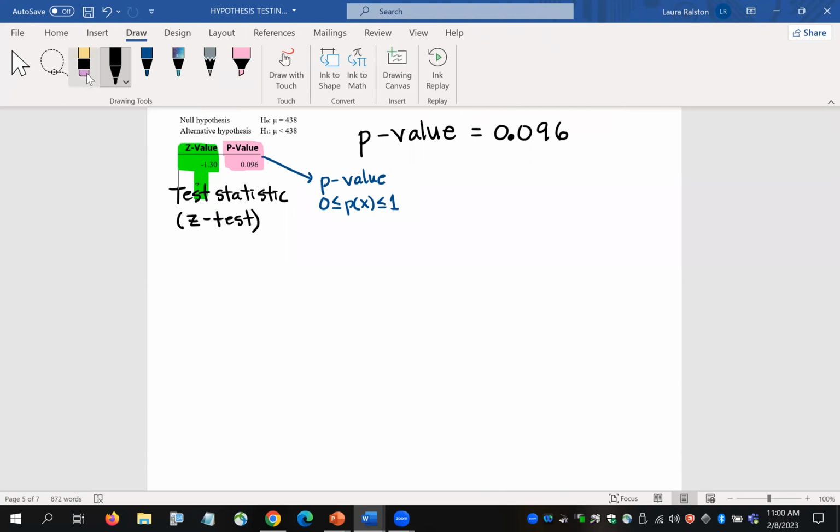So the next step in the process, which is step 4, is to make a decision. And remember, our decision is either to reject the null or fail to reject the null.